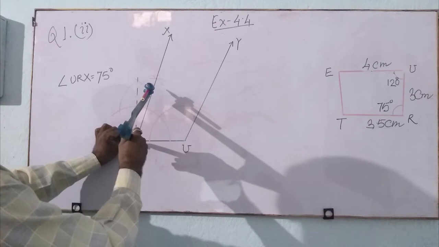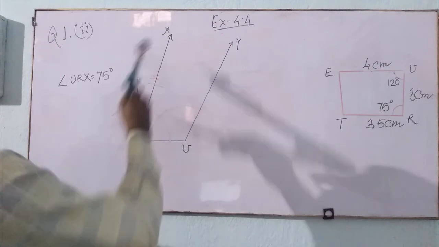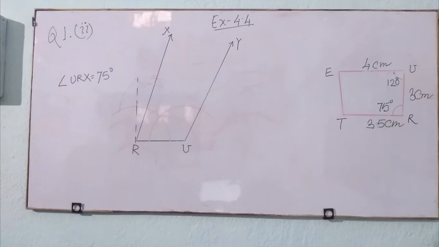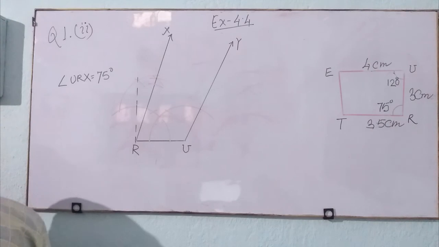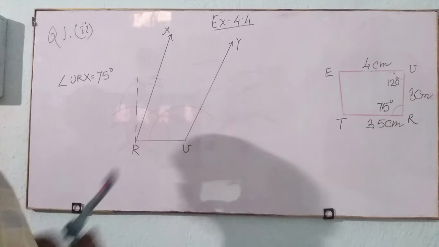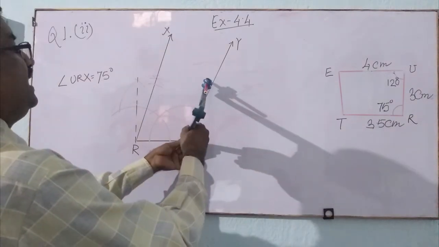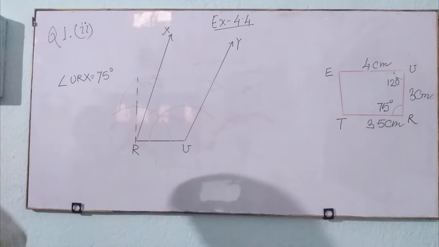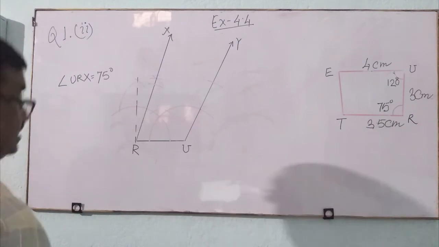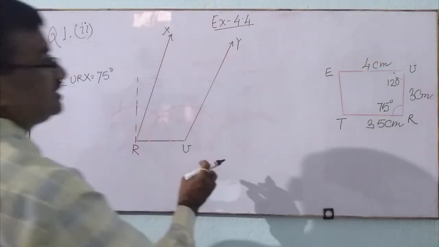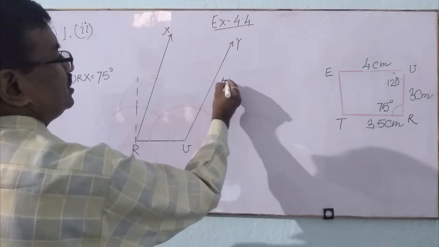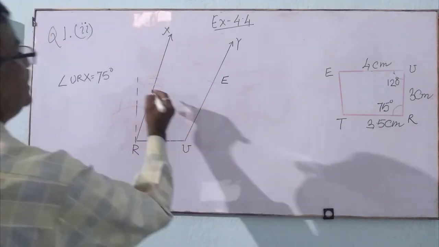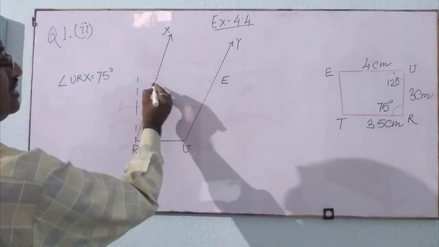From UY you have to take 4 centimeter, and here is the point of intersection. Just label the point of intersection: this is the point E and this is the point T.